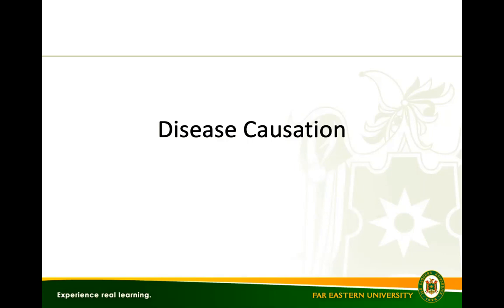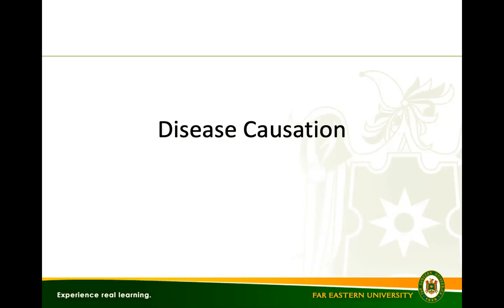When we talk about disease causation, there are actually various theories, which I have mentioned also from the previous session. So when you read literature on etiology and epidemiology, you will discover that there are various theories, and maybe you have heard some of them already in the past.